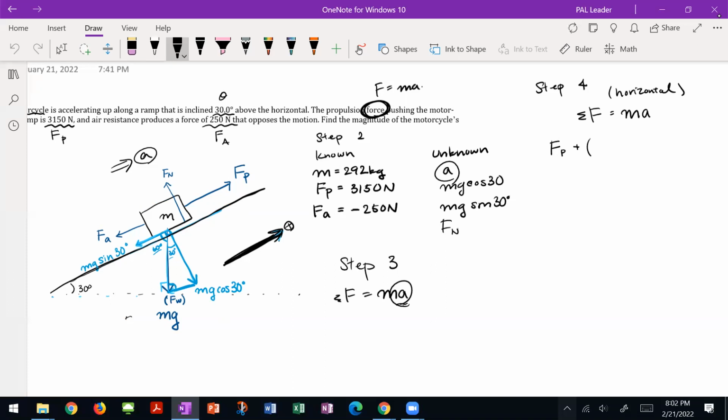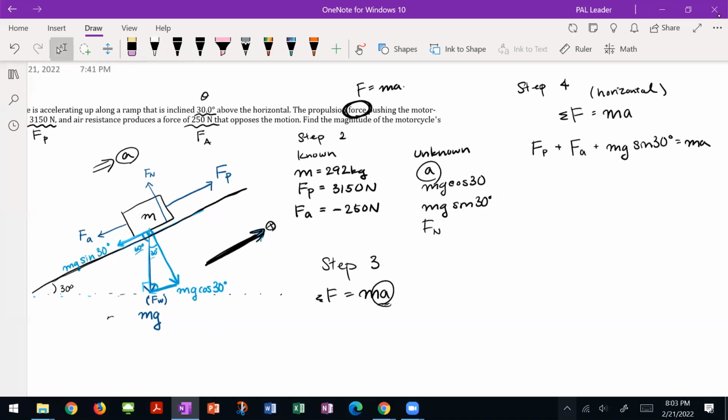So I'm going to, well, hold on, I'm skipping a step. I don't want to skip steps here. We have the sum of all the horizontals. So we have force of propulsion, force of air, and mg sine 30. That's our forces.